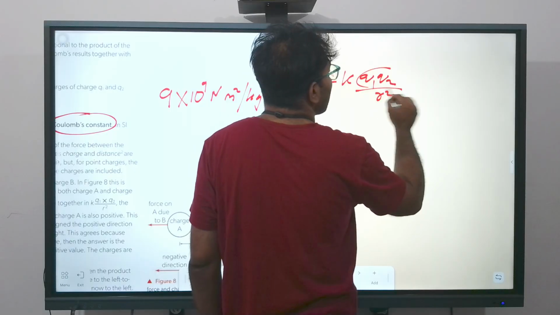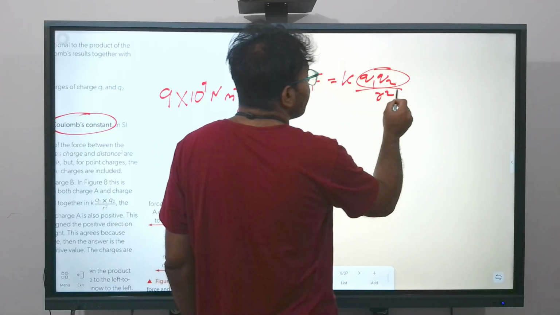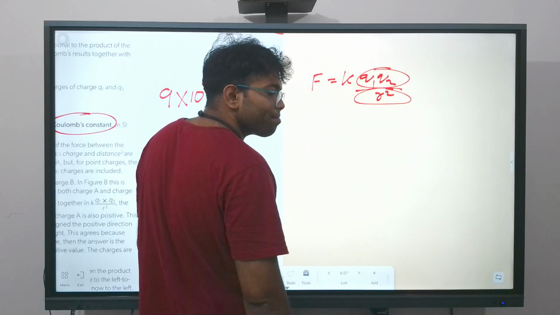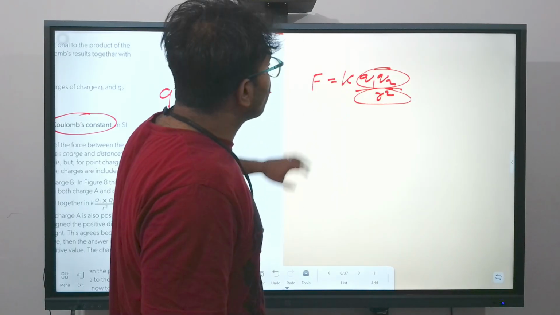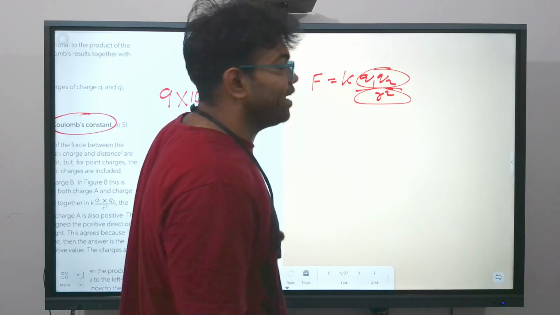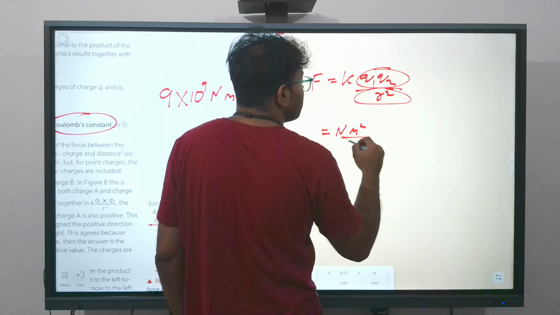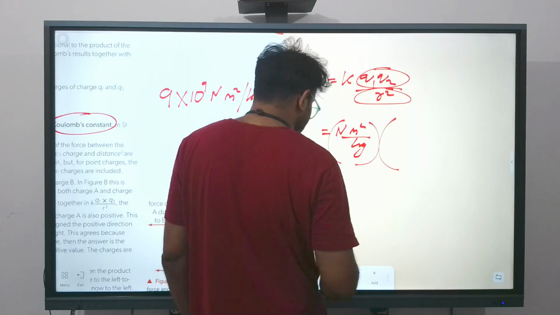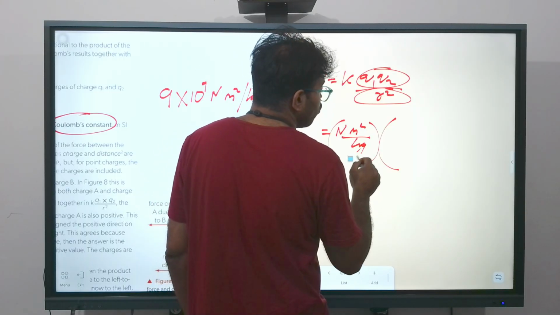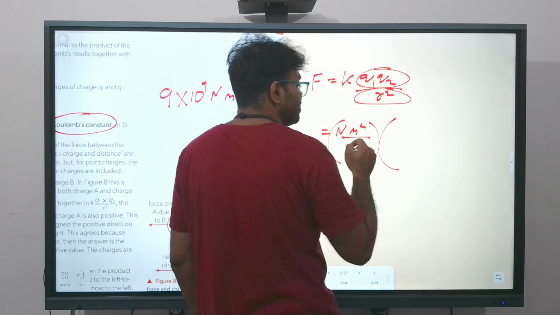So, at the top you are having Coulomb square, at the bottom you are having meter square, but you want the overall unit to be in newtons, right? So you need to have Newton meter square upon Coulomb square. I accidentally wrote down the value of G, capital G.